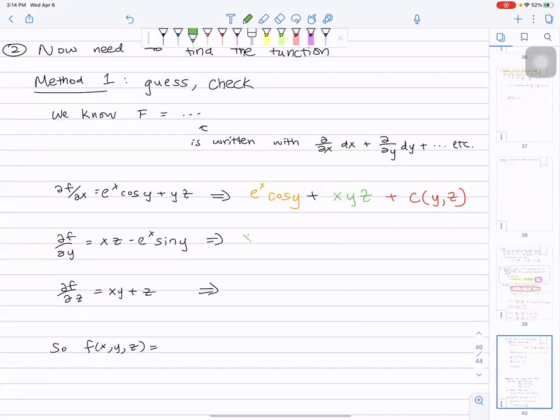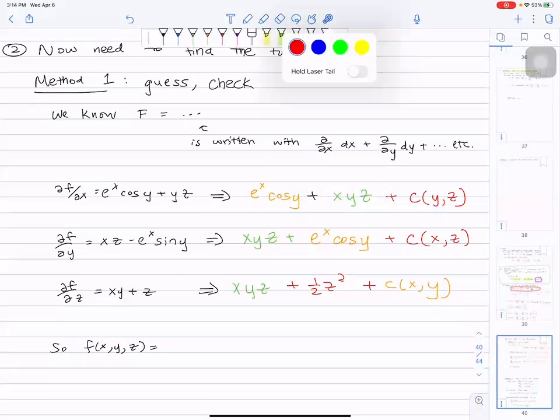So we get xyz plus e to the x cosine y, again, plus something in terms of x and z's, so that when we take the derivative, it doesn't show up here. And same with the last one. We have the integral with respect to z: xyz, plus half z squared, plus something with x's and y's in it.